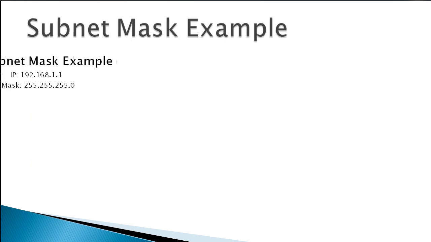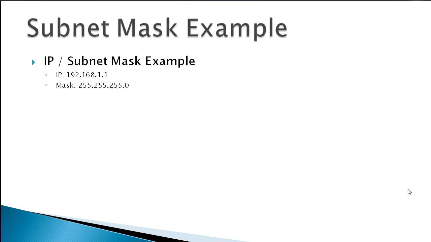So for example, let's say we were given the IP 192.168.1.1 and a mask of 255.255.255.0. When we look at that IP address, let's take a look at the address and the mask in binary.